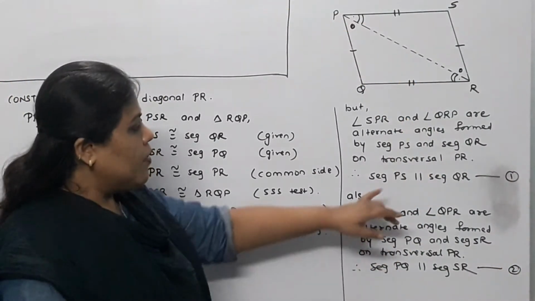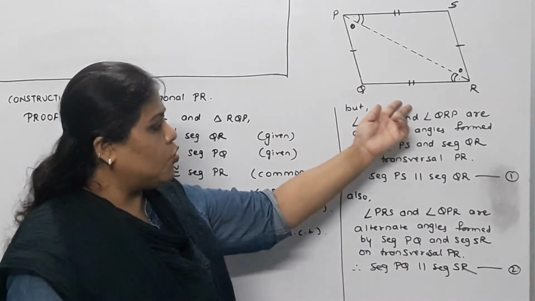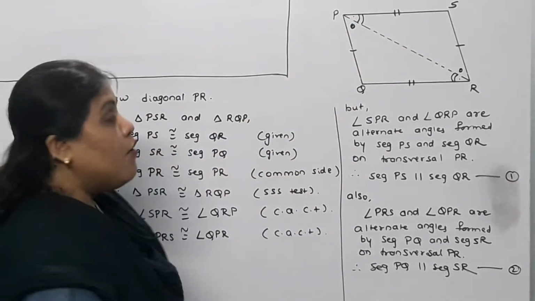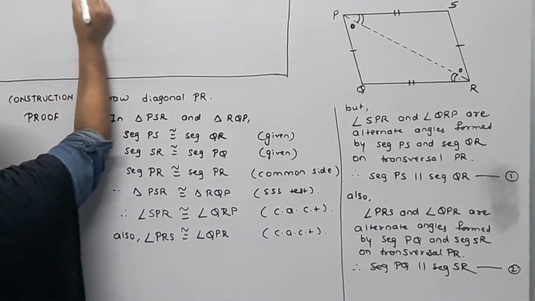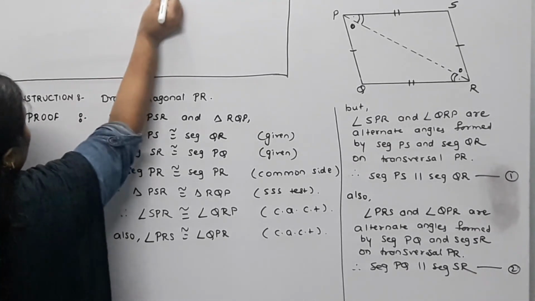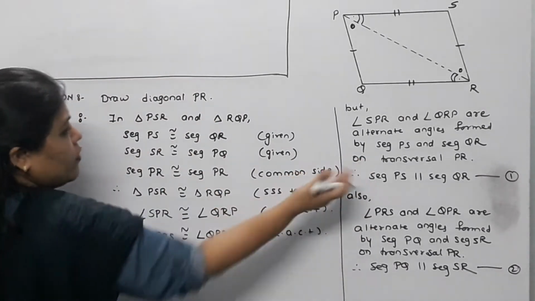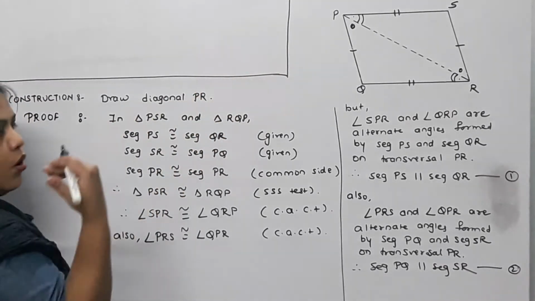Okay. So, from equation 1 and 2, what is our equation 1? PS is parallel to QR. And our equation 2 is PQ is parallel to SR. From equation 1 and equation 2, what can we say? These two pairs of opposite sides are parallel, and earlier it was stated that they are congruent.